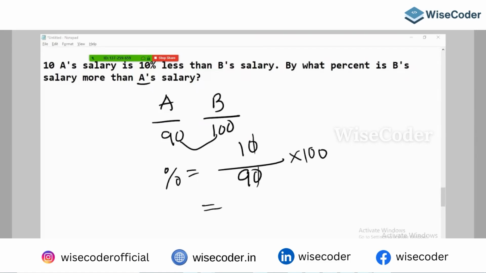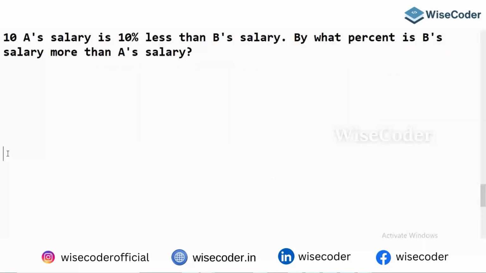What is 1 by 9? 11.11%. Okay, let's go to the next question.